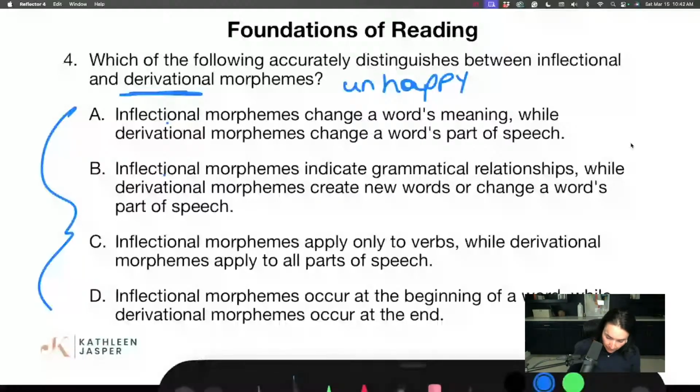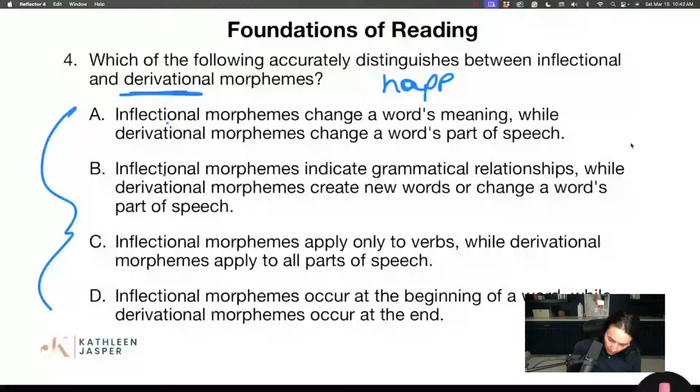Further, let's say I turn it into happiness. Now I went from an adjective to a verb, I'm sorry, to a noun. I went from an adjective to a noun. I changed the part of speech. So inflection does not change the part of speech or do anything. Derivational does. So let's go ahead and find our answer choice.